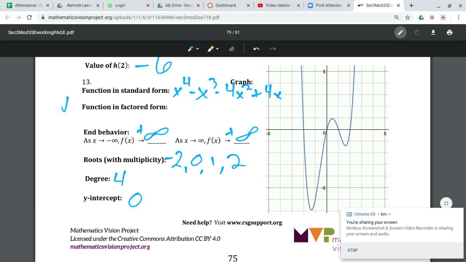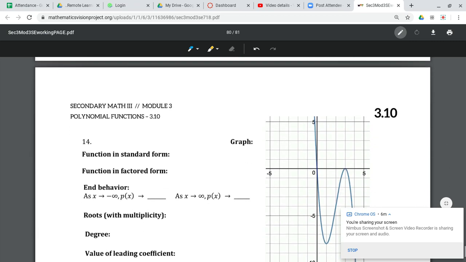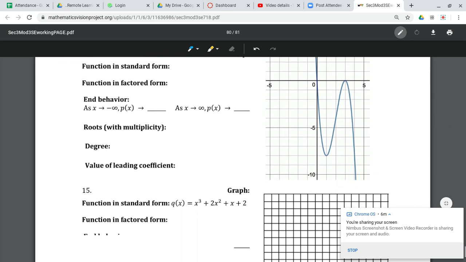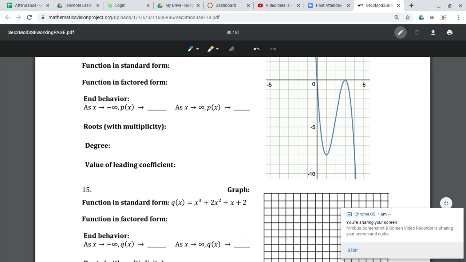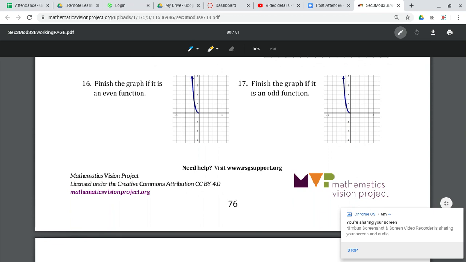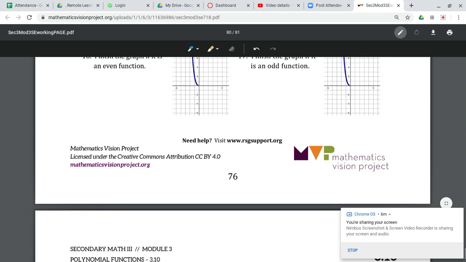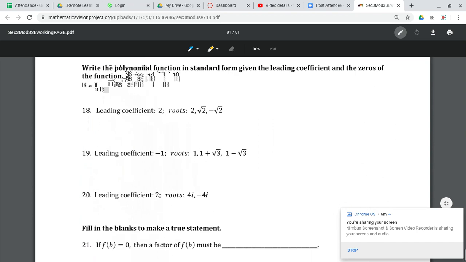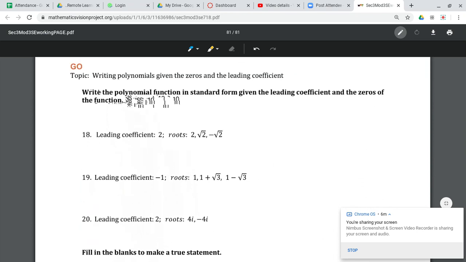So you still have to figure this out right here. All right, you have another one that you have to graph. Okay, 16 and 17, you want to finish the graph if it's an even function and if it's an odd function. You should be able to do each of those.